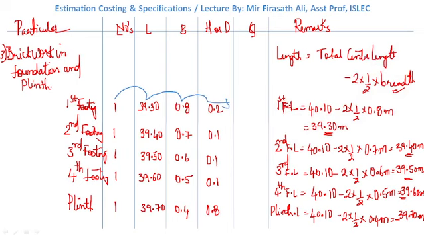Report the result over here. Similarly, 1 into 39.40 into 0.7 into 0.1. Report the value over here. So what we get is 1 into 39.30 into 0.8 into 0.2, which is 6.29 meter cube.